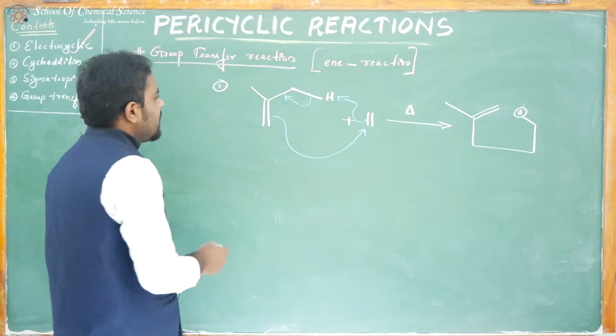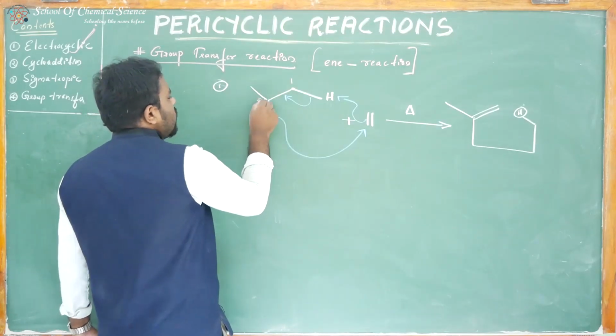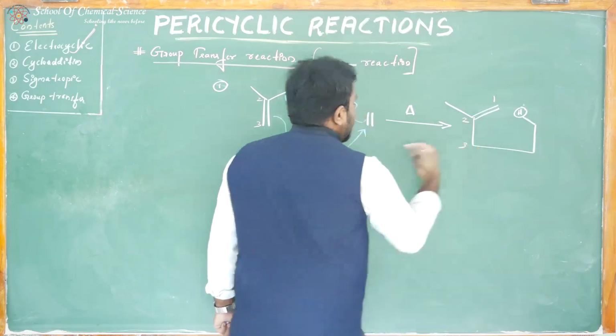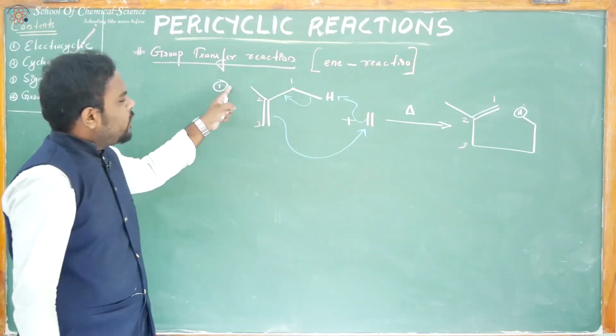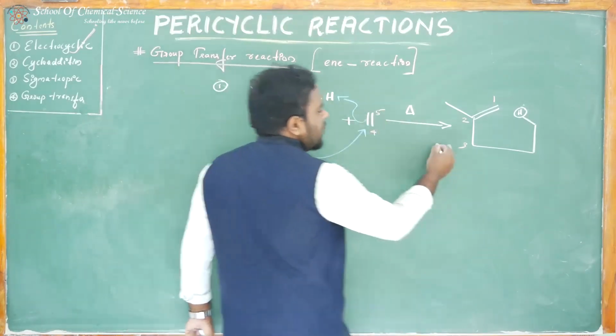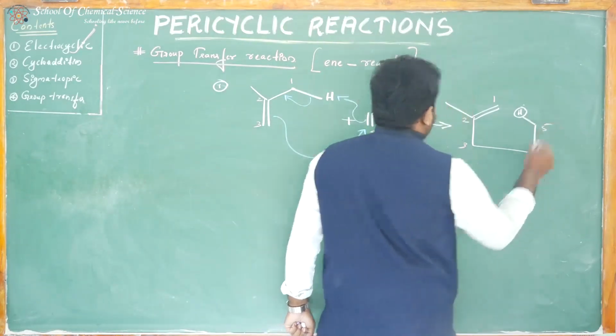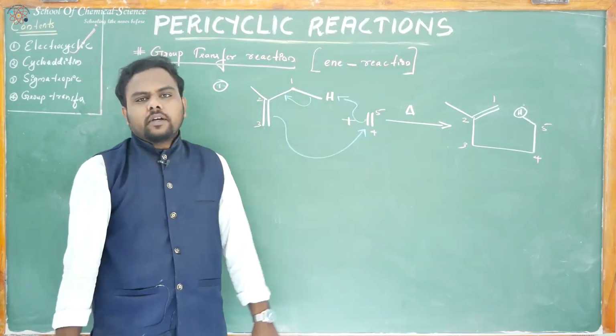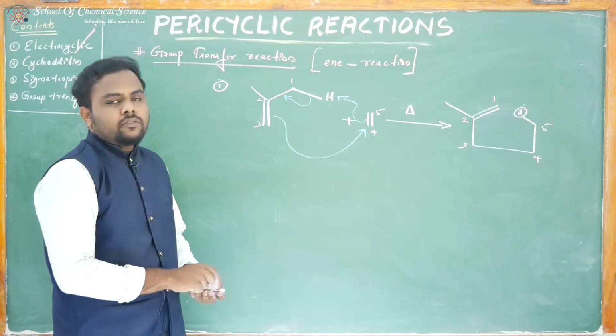You can give the same number system, 1, 2, 3, 1, 2, 3. At 2 a methyl group is there, 3 is connected to 4, 5. The hydrogen at the first carbon is transferred to fifth carbon.